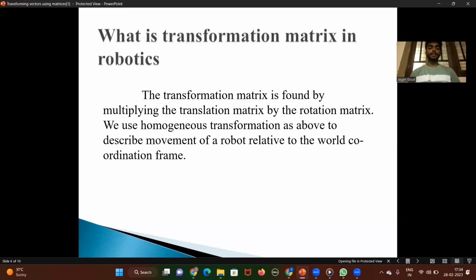In robotics, the transformation matrix is found by multiplying the translation matrix by rotation matrix.